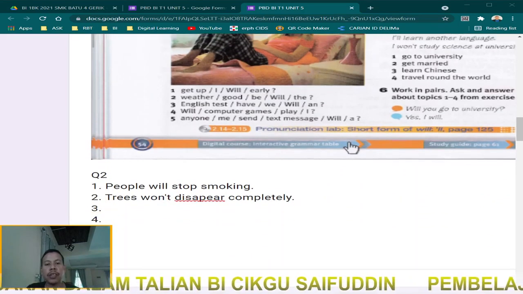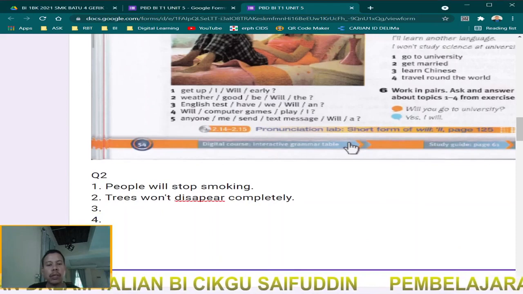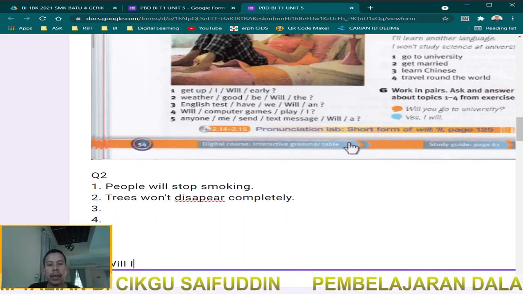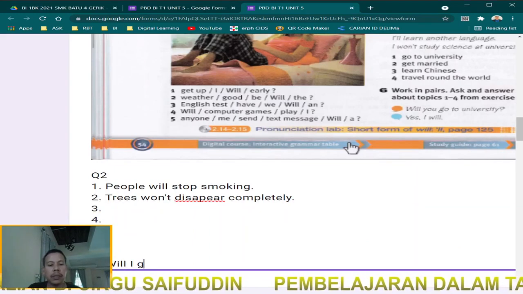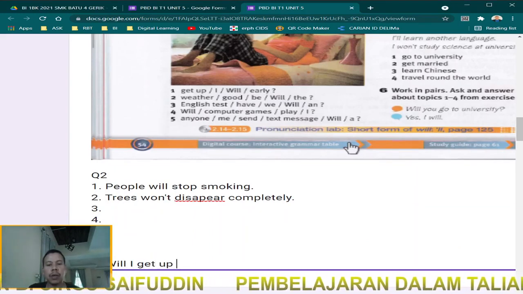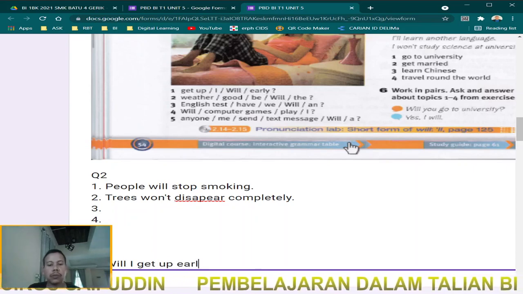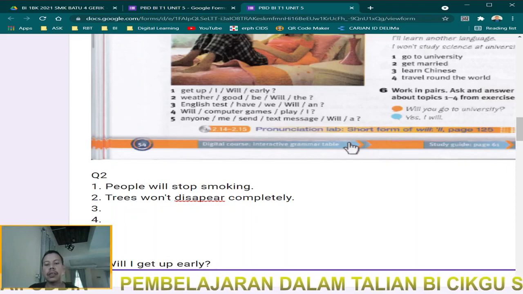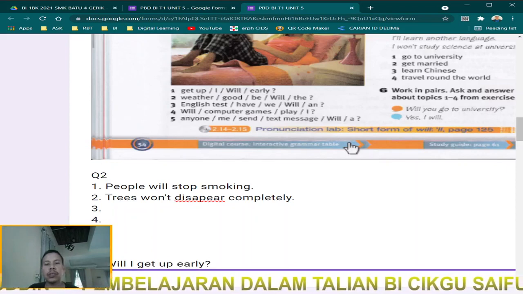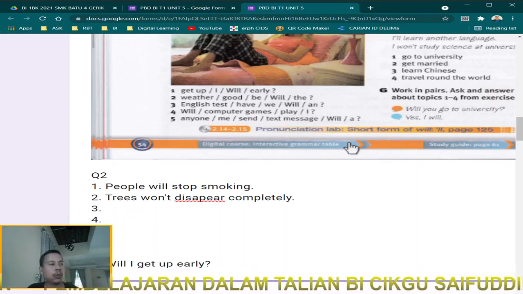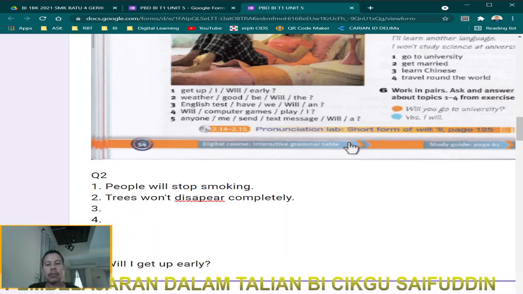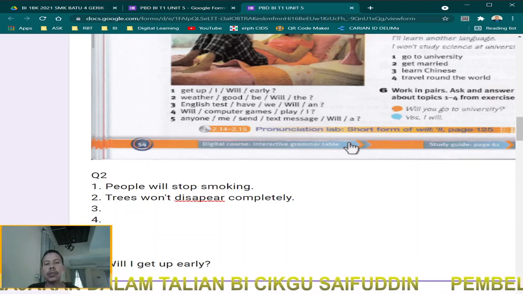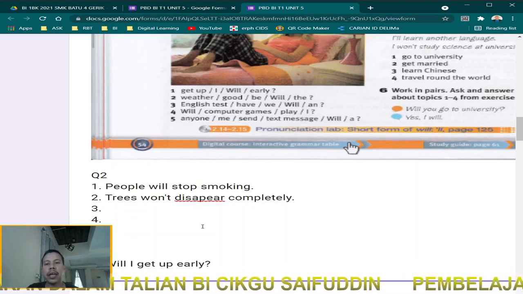So, of course, we start with the word will. Will I get up early? Adakah saya akan bangun awal esok? For your PDPR, please susun semula perkataan tersebut mengikut susunan yang betul. Question 2: weather, good, be, will, the.